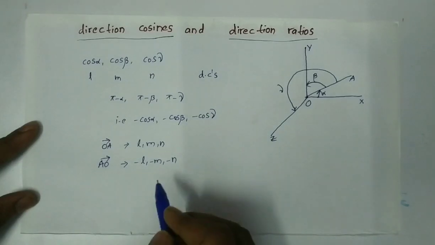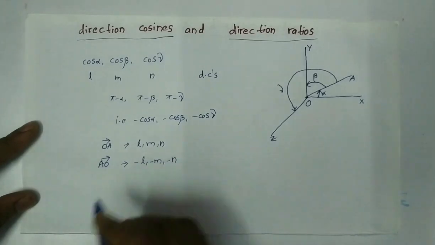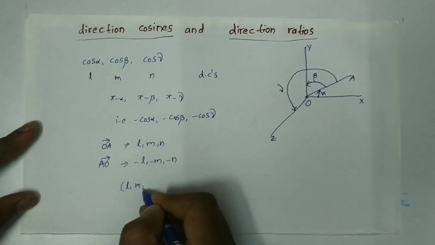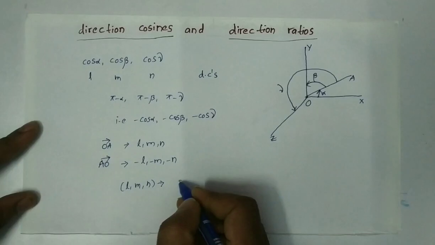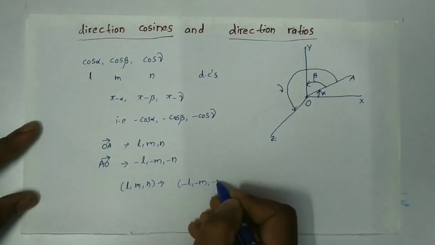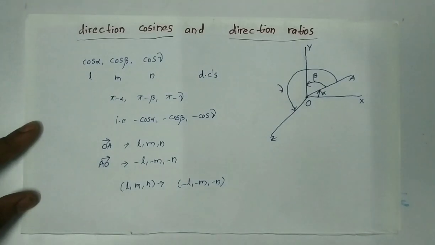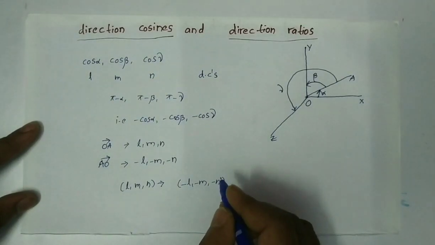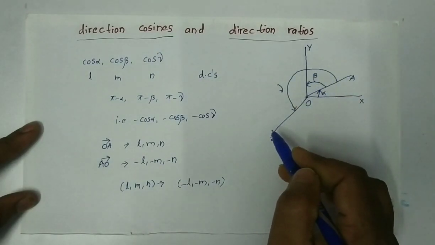So it has two sets of direction cosines, one for each direction. That means L, M, N is one set of direction cosines, and minus L, minus M, minus N is the other set. Now let us see what are the direction cosines of the x-axis, y-axis and z-axis.